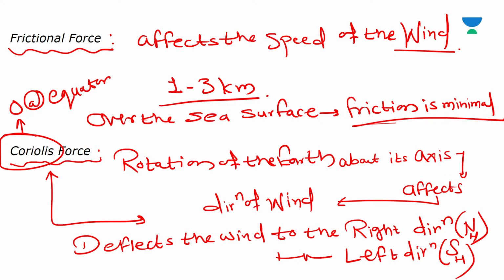Now the low pressure gets filled instead of getting intensified, and that is the reason why tropical cyclones are not formed near the equator.